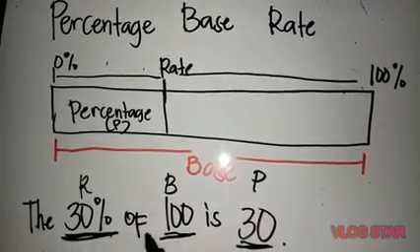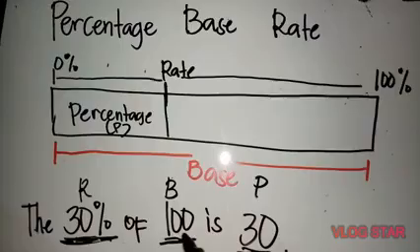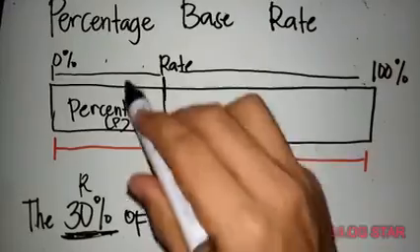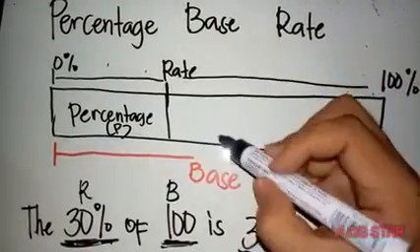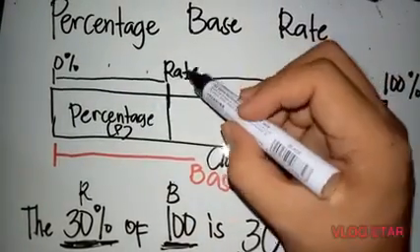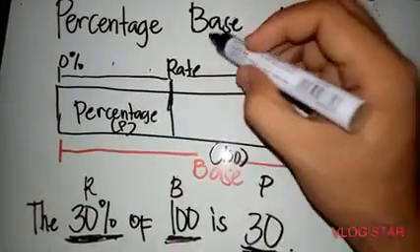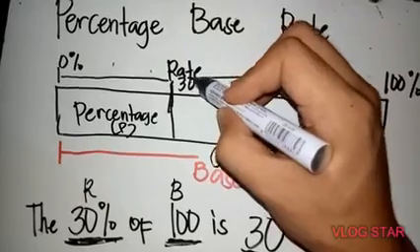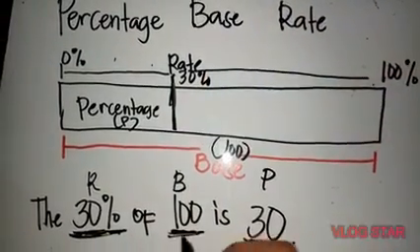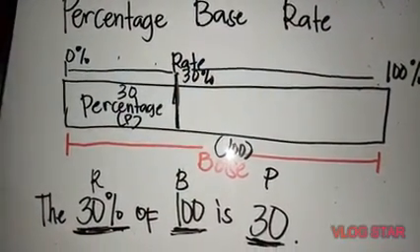The 30% of 100 is 30. 30% is the rate, 100 is the base, and 30 is the percentage. So when we plot here, the base would be 100, so the whole thing, and the rate is 30%. So up to this line, this is the 30%. Then 30 is the percentage. So that's it.